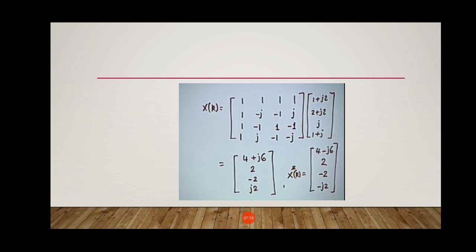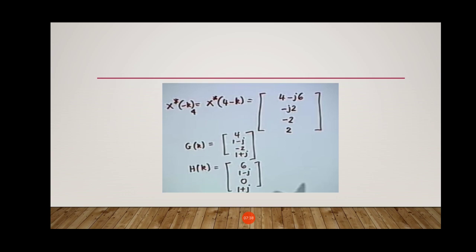So now we also have to find out X star of minus k modulus N. So before that, we have to find out X star of k. Now X star of k will be the complex conjugate of Xk, that is 4 minus 6j, 2, minus 2 and minus 2j. So from X star of plus k, we can find X star of minus k modulus 4.